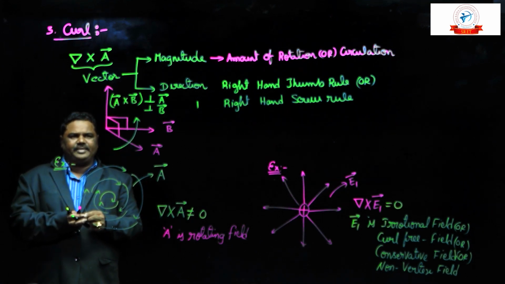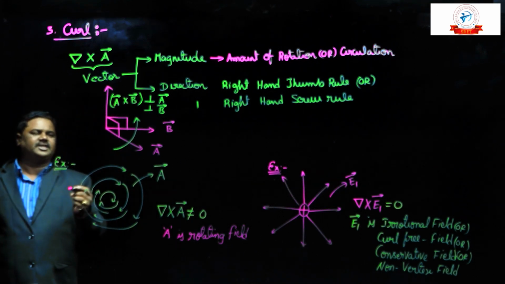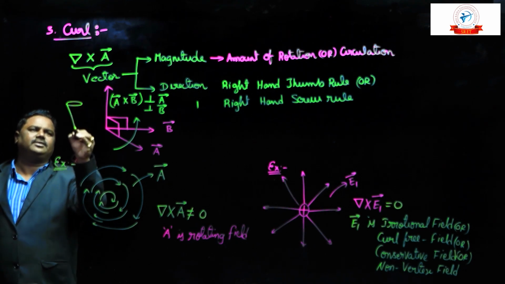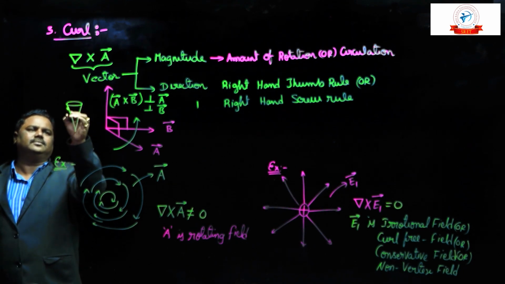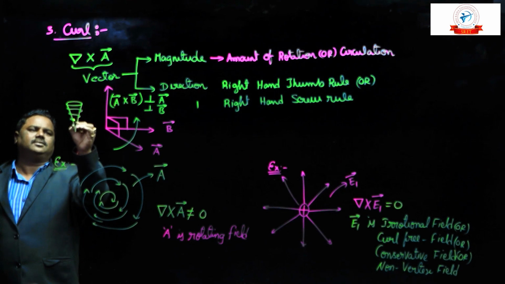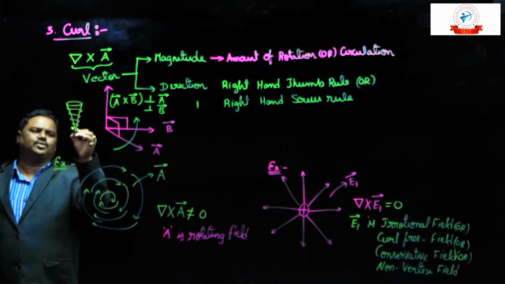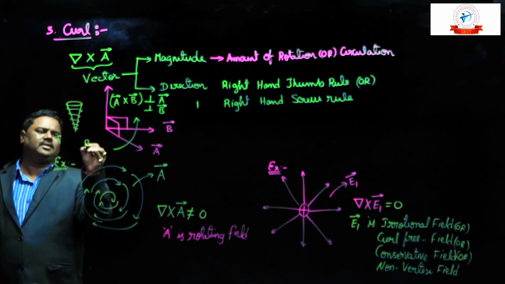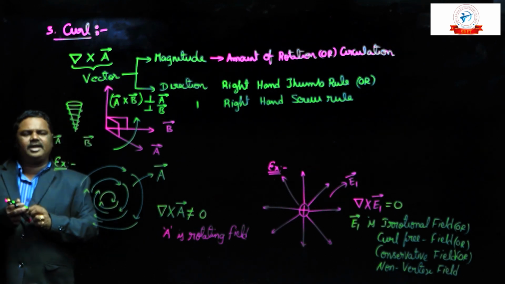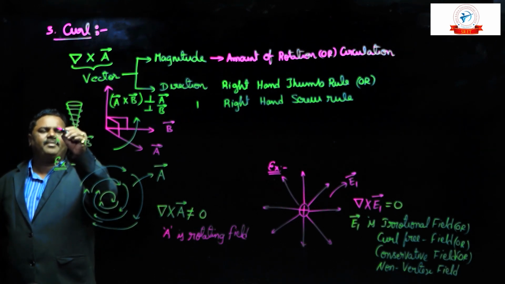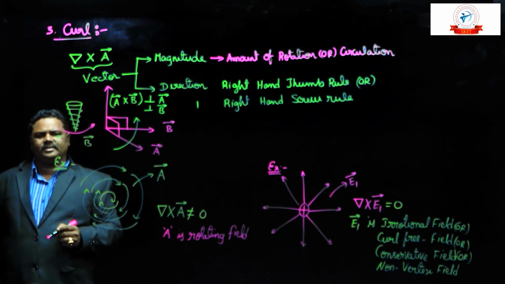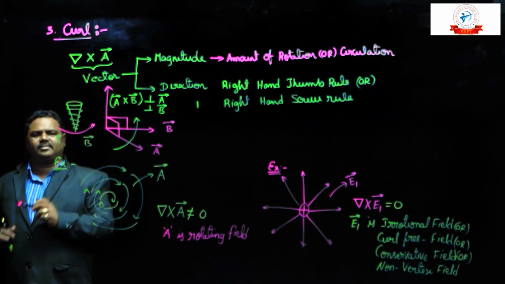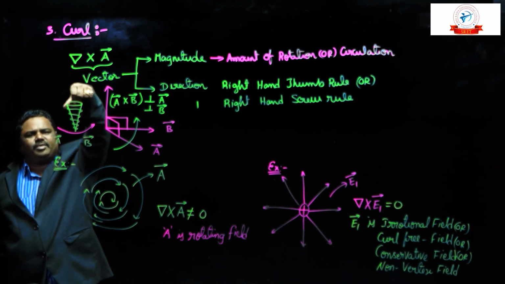Or we can do another way. We apply right hand screw rule. Just assume a screw here. This is called a right handed screw. If you have two vectors A bar and B bar, and you want to perform A bar cross B bar, then you just rotate the screw from A bar to B bar.